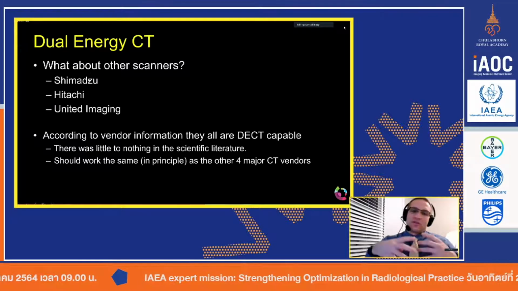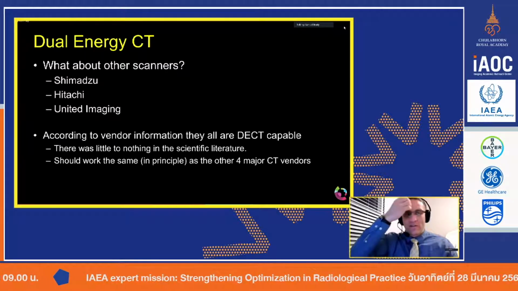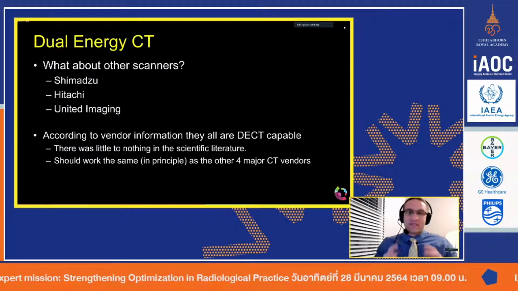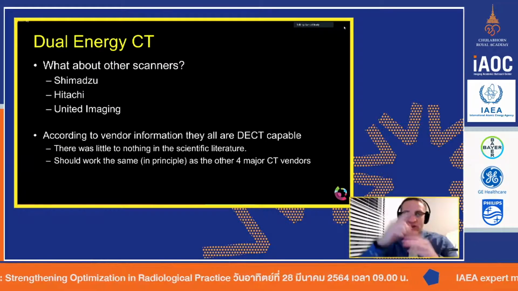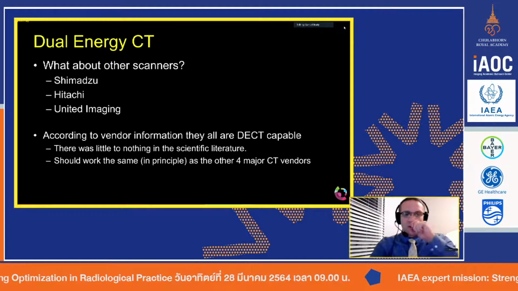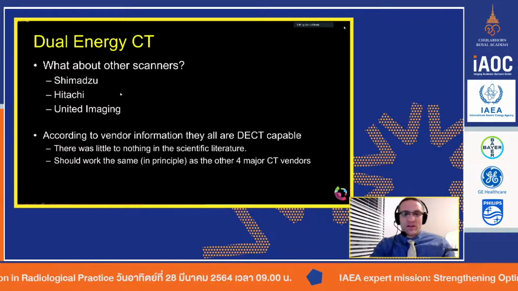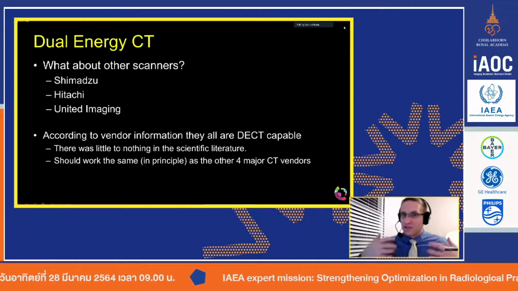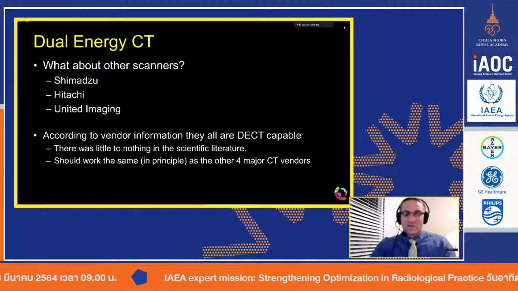So unfortunately, I couldn't really give you a lot of information about these 3 scanners. My guess is they all have similar either fast switching or spin-spin acquisition types for dual energy. So not a lot that I can report, but I think that's actually a great invitation for you all.